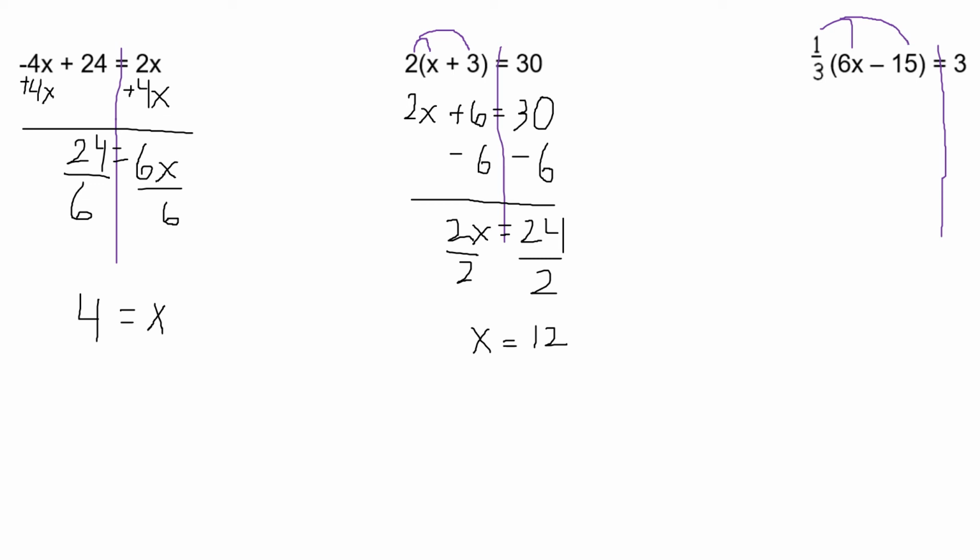And 1/3 times 6x, or 6x divided by 3, which is 2x. And 1/3 times a negative 15, because remember that that negative sign goes with your 15.